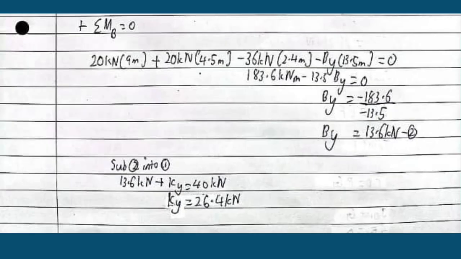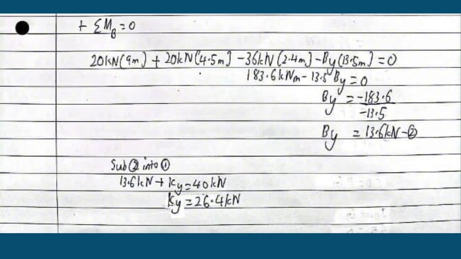The total moment is 20 kN times 9 meter plus 20 kN times 4.5 meter minus 36 kN, which is the x force, times 2.4, minus By, which is in the opposite direction, the y-axis force times 13.5 meter equals 0.